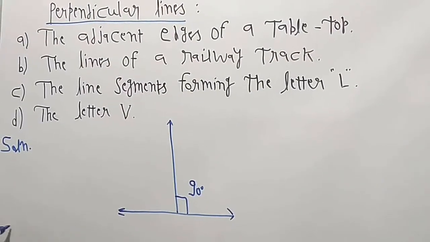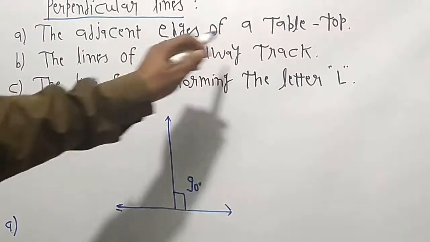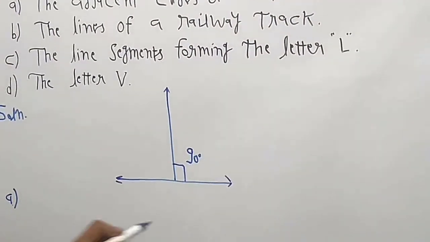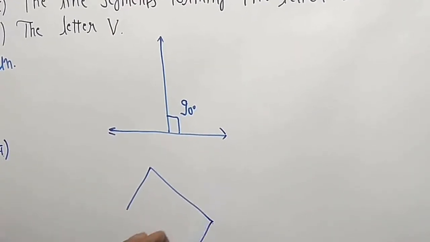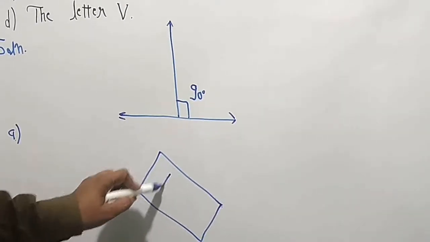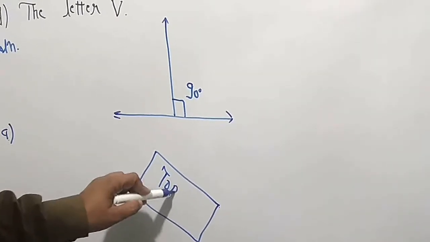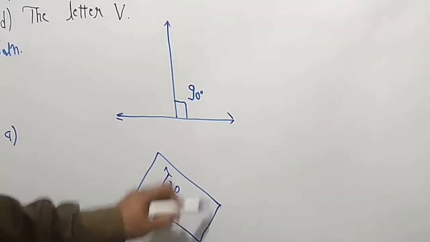So for part A, the adjacent edges of a tabletop. A tabletop is like this, in which these are the four lines.